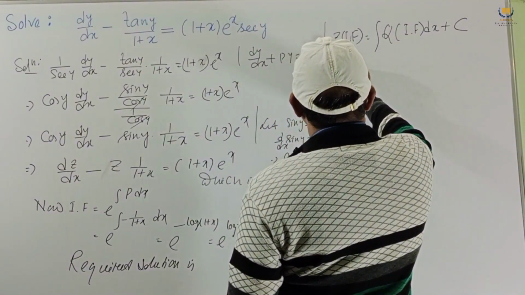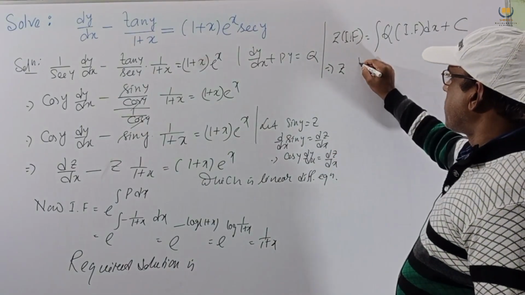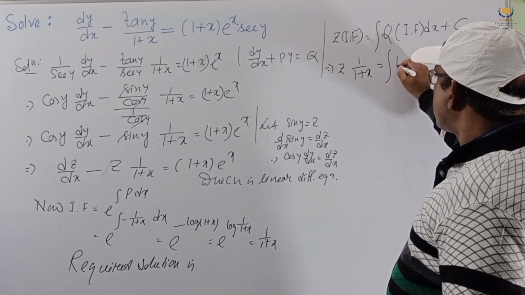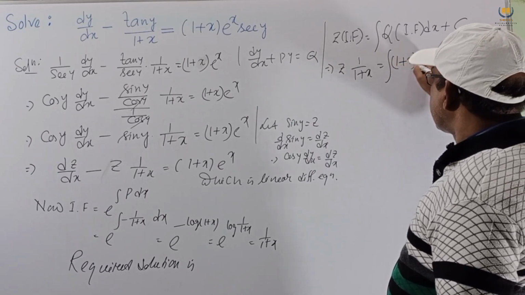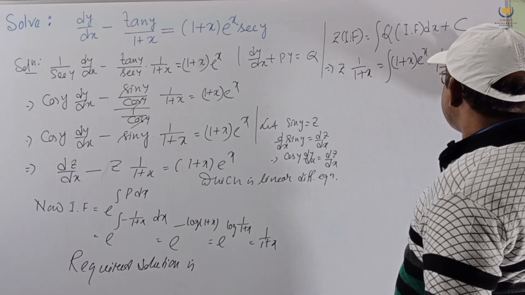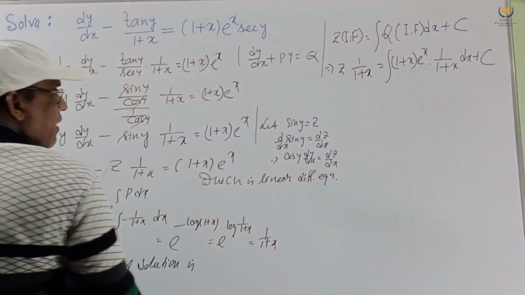So we get z times IF, which is 1 by (1 plus x), and q is (1 plus x) e to the power x, times IF 1 by (1 plus x), dx plus c. We get this one.